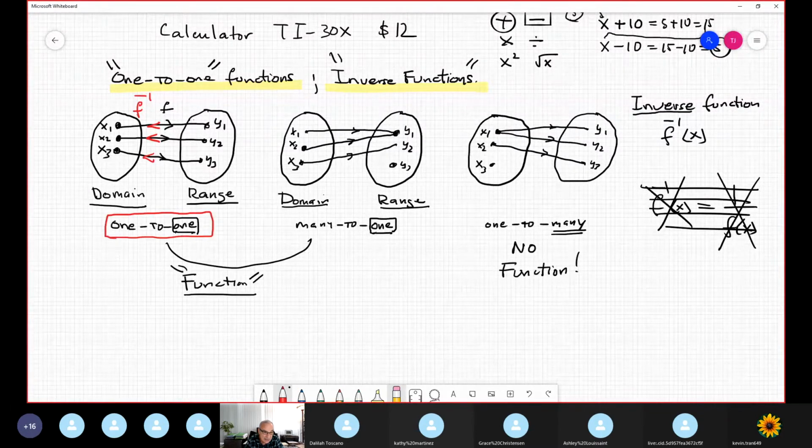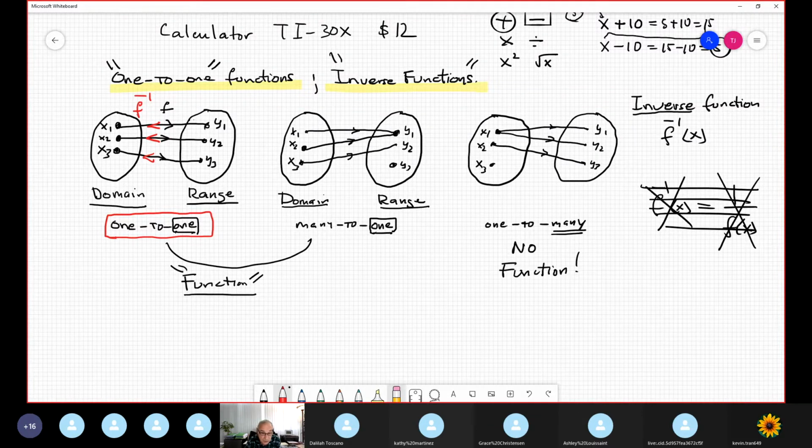Because basically, the thing that we are doing is a permutation, interchanging domain and range. So if it is 1 to 1, when you switch it is 1 to 1, no problem. However, if it is many to 1, when you interchange domain and range, then it is 1 to many, and this is not a function. Okay, so this is not invertible.